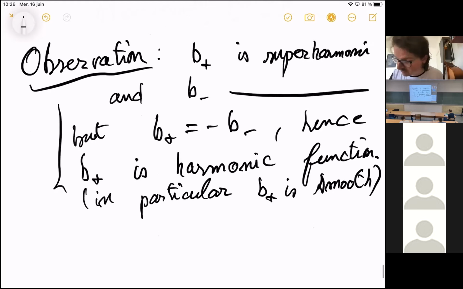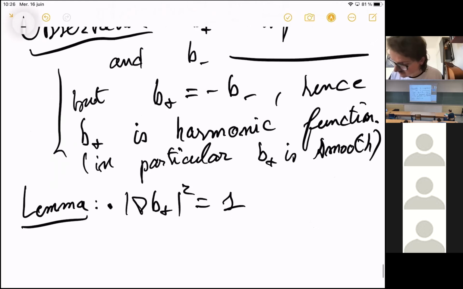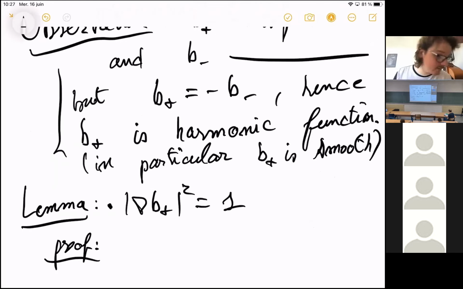Okay, now let's prove two things and we will be done. Let's prove that the gradient of B plus is constant and equal to 1. This is not complicated.